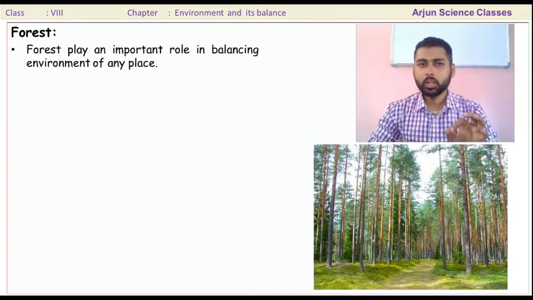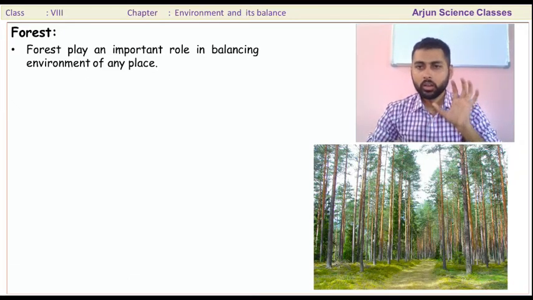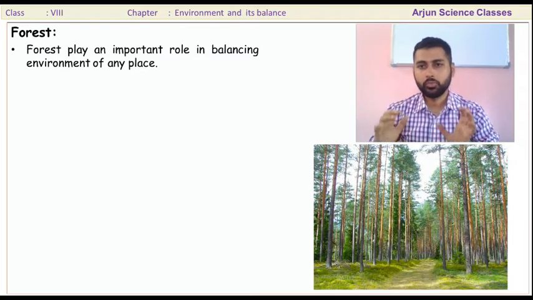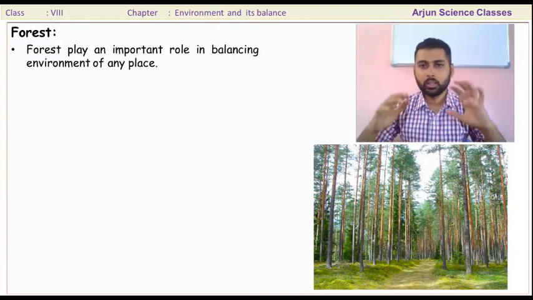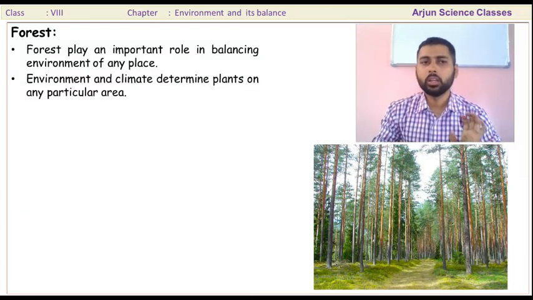So it plays an important role in balancing the environment. Forest also plays a very important role in preventing landslides. It helps to maintain the water cycle. So it is a very important natural resource.